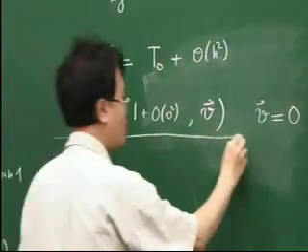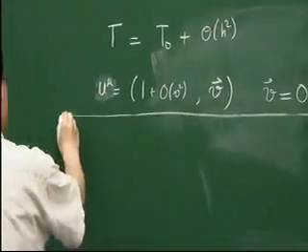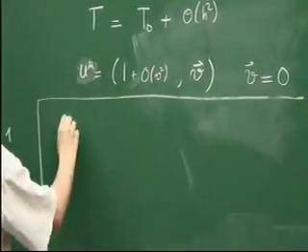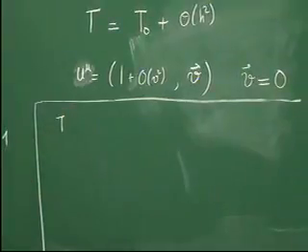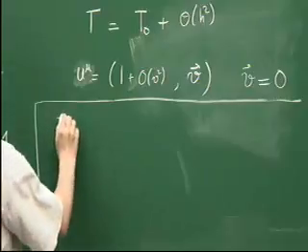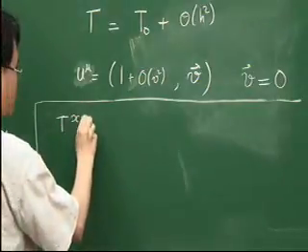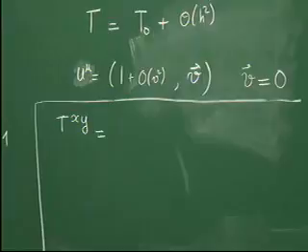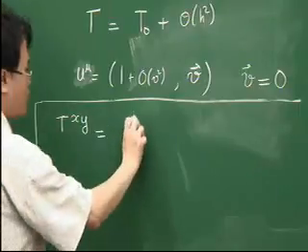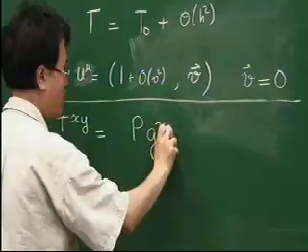However, let's look more carefully at the stress energy tensor, T mu nu. In particular, I'm going to look at the Txy component. As we see, in the ideal part there is only P g_xy.